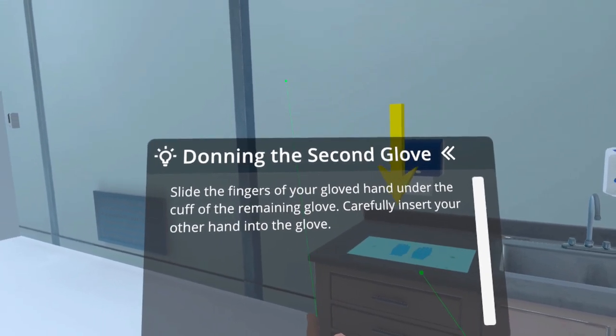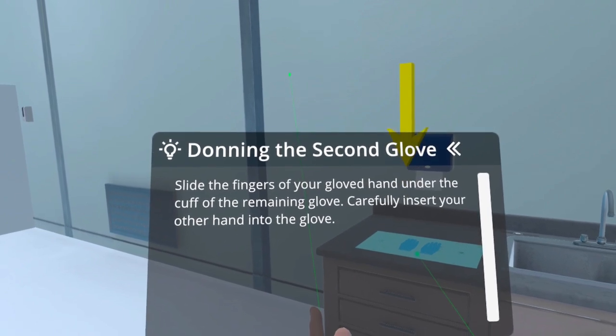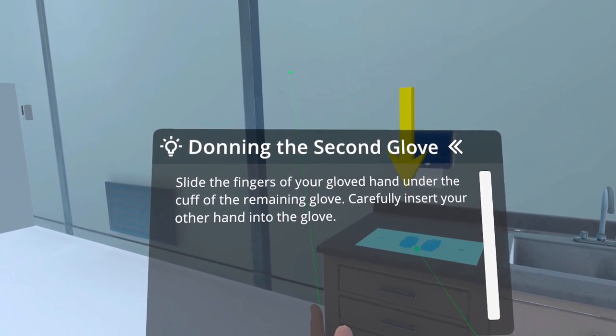Slide the fingers of your gloved hand under the cuff of the remaining glove. Carefully insert your other hand into the glove.